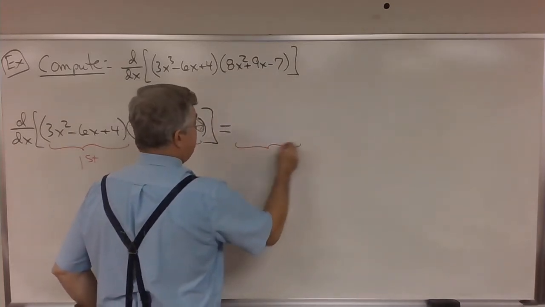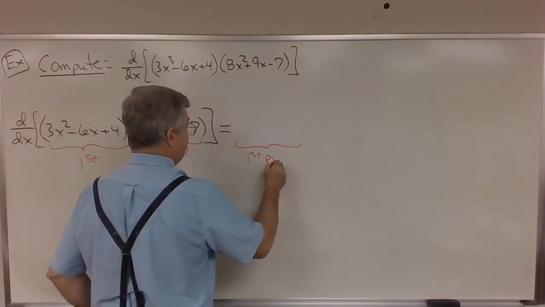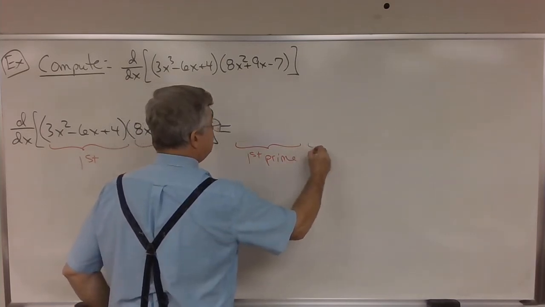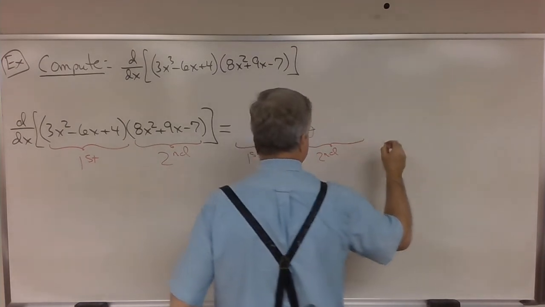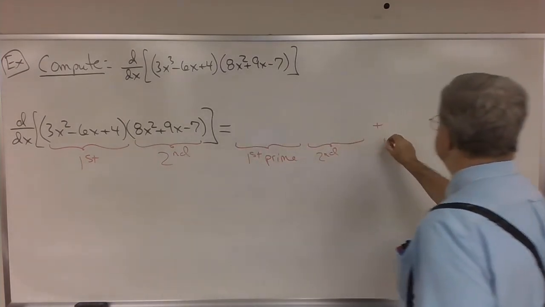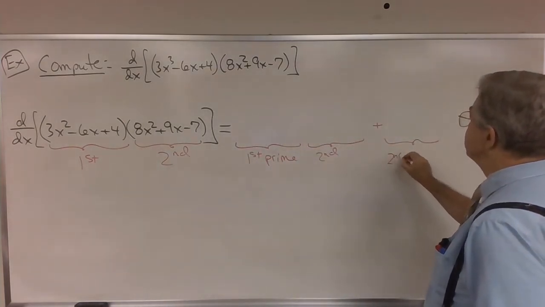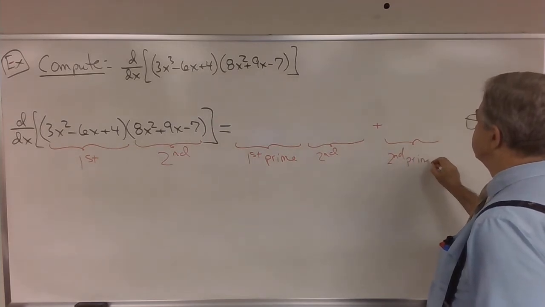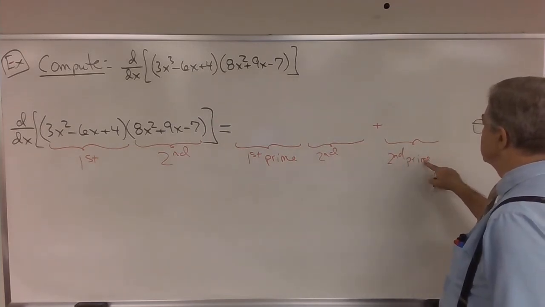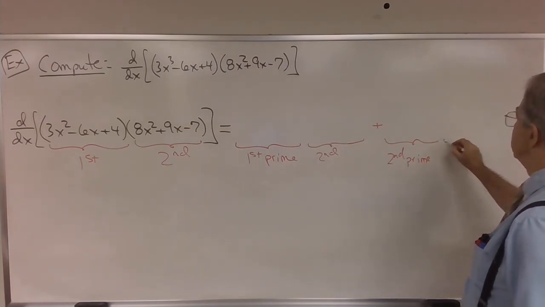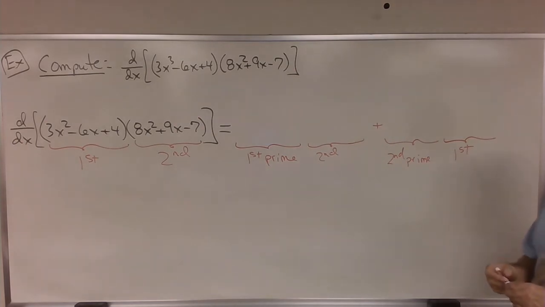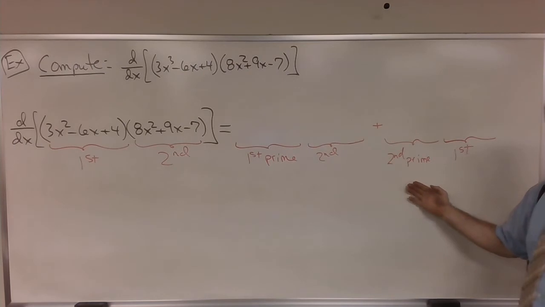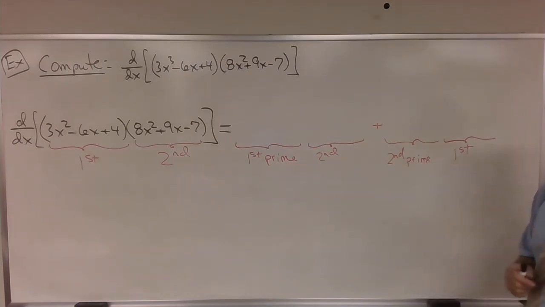First prime times second plus second prime times first. That's what the product rule tells me I should get. All I have to do now is fill in the blanks.